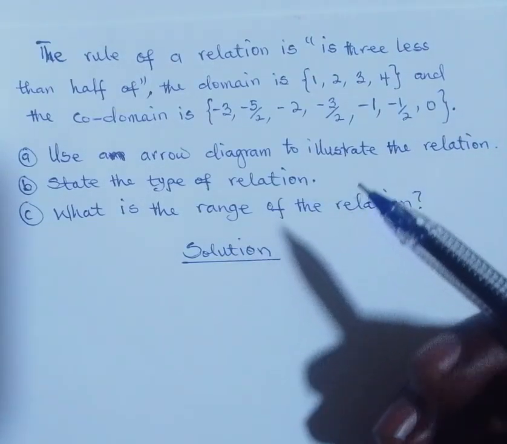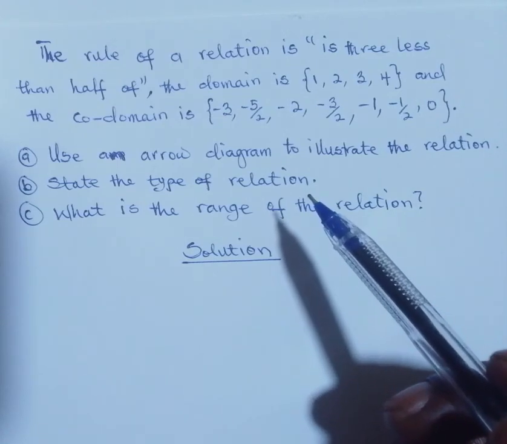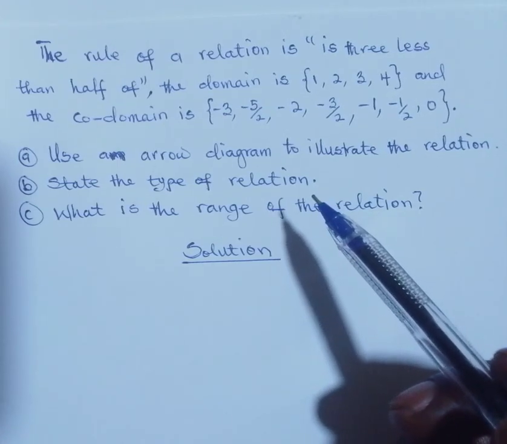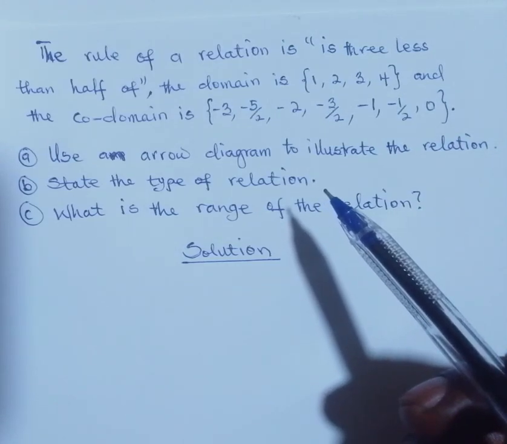Now let's look at this question. It says the rule of a relation is 3 less than half of the element of the domain.